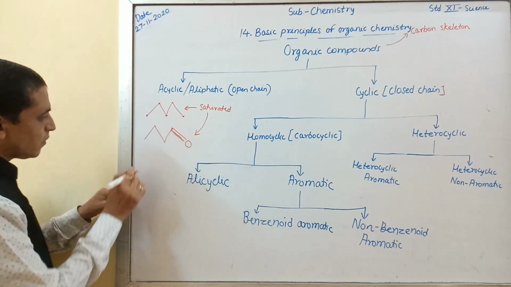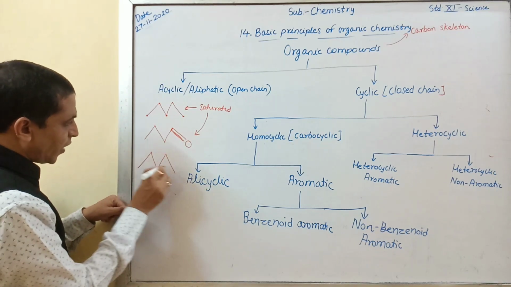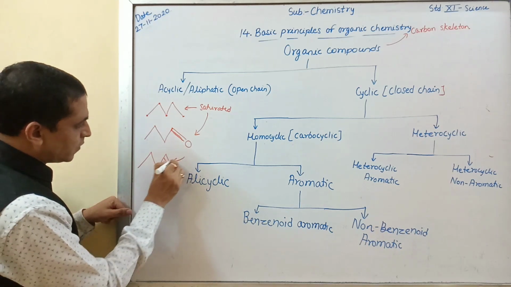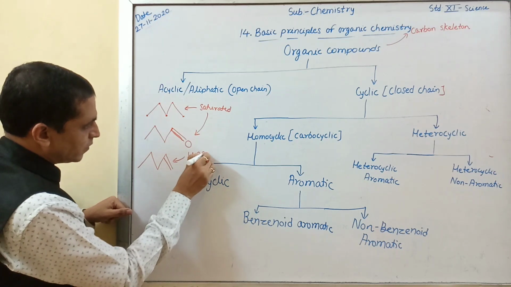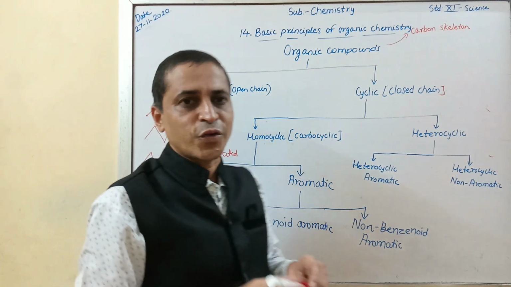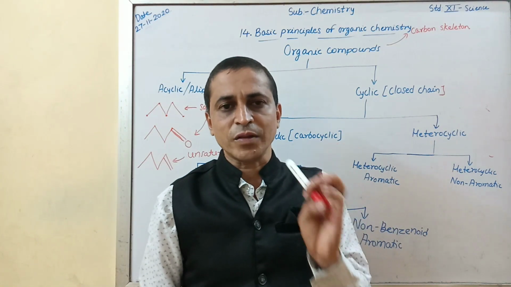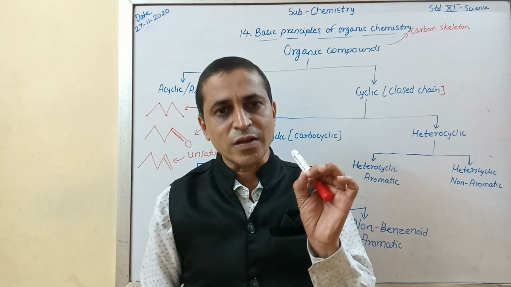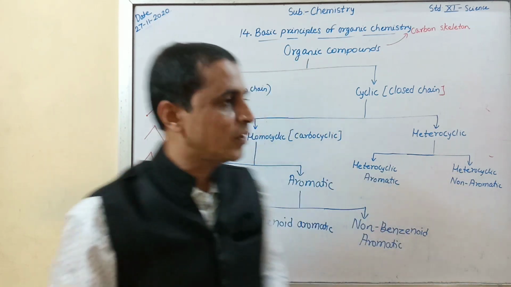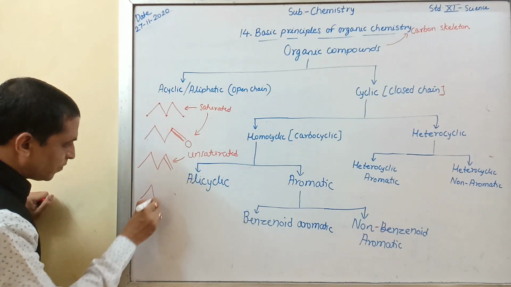So what to make unsaturated? If I put here a double bond, then it is what? Unsaturated. Remember, in a saturated compound there must be carbon-carbon single bond, and in an unsaturated compound there must be carbon-carbon double bond or triple bond.